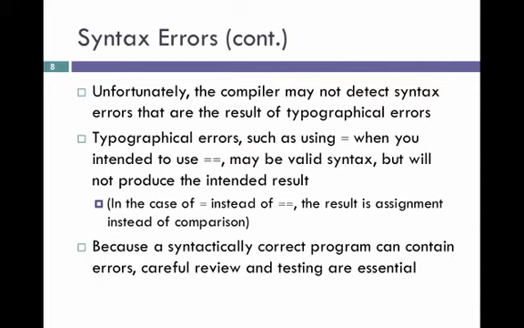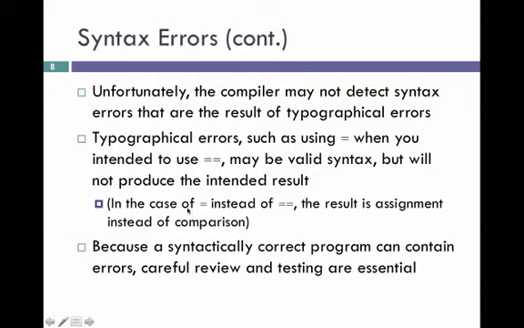Now, the compiler may not detect some syntax errors that are a result of typographical errors. For instance, here's another one you may have used. C++ uses the single equals sign for assignments, but the double equals is the equal to comparison operator. So they're both valid syntax, but the semantics and the meaning is different.